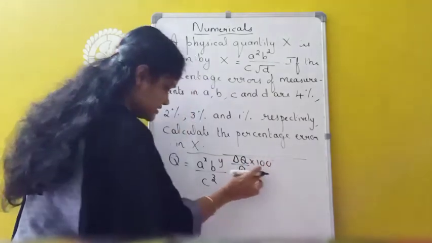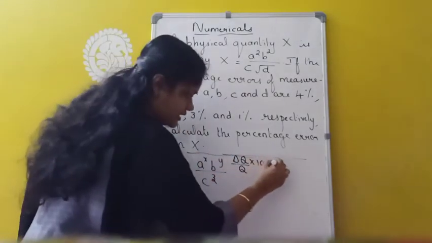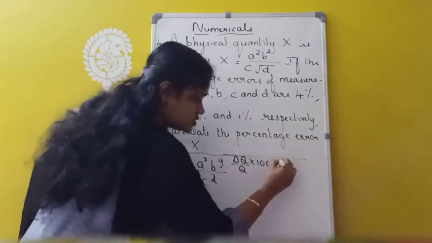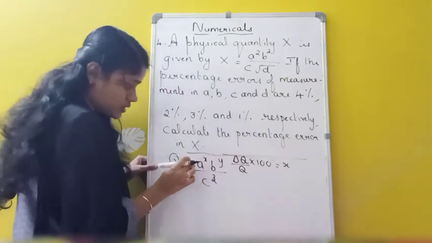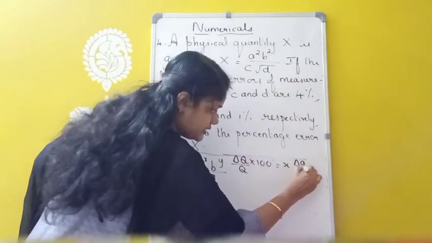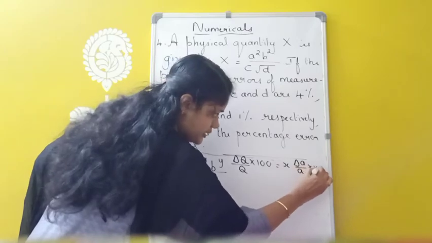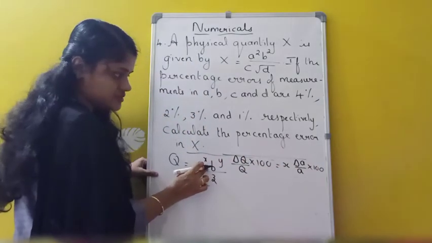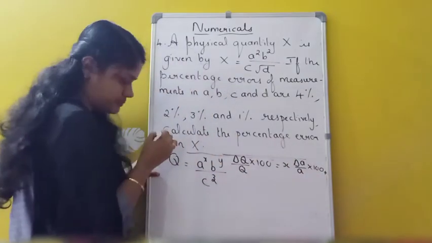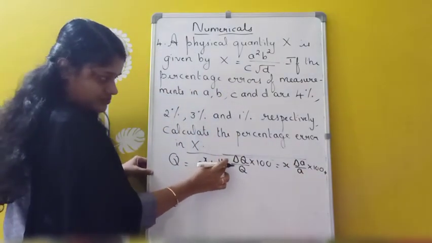That is the percentage error in which one? Q can be written as. So here, first of all, we have to write the power. So X, power into percentage error of A, that means delta A by A into 100. Then when multiplication comes, you are simply putting which one? Addition itself. So plus, adding. Then second term, what is the power here?